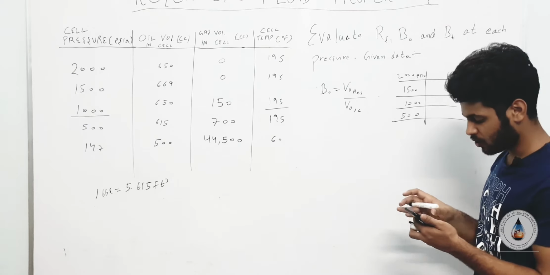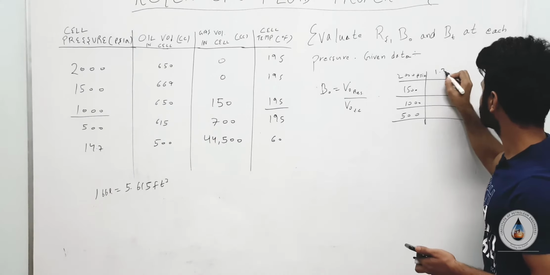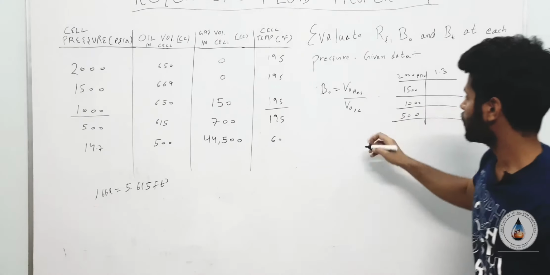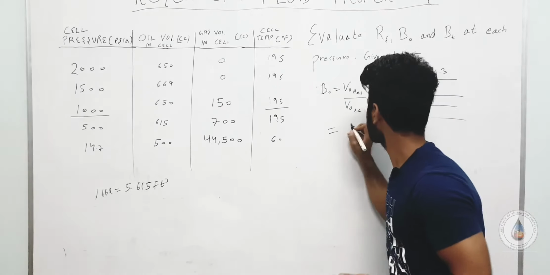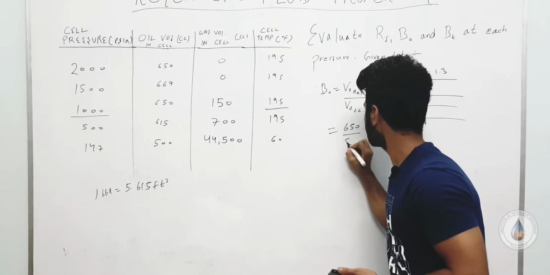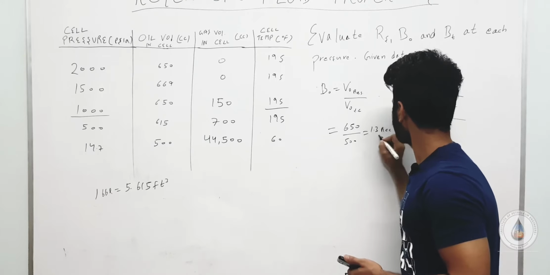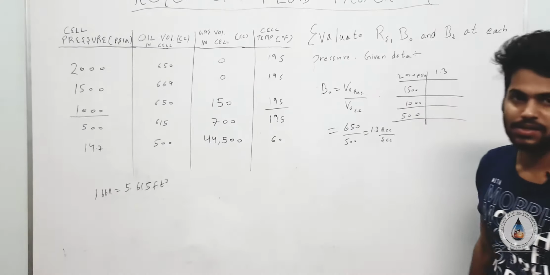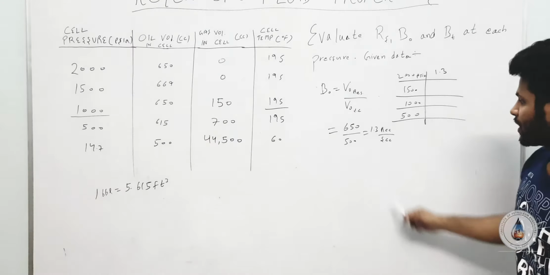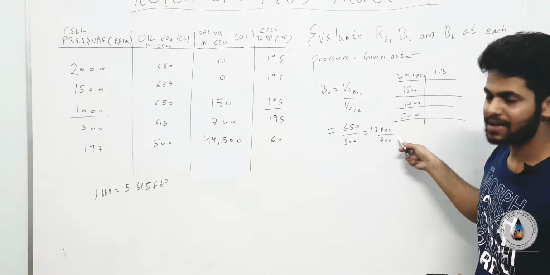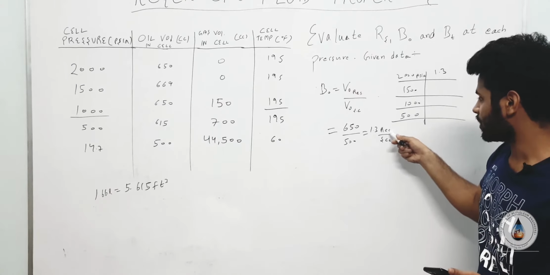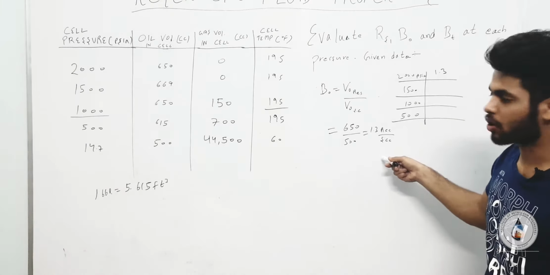So my B naught value is 1.3. Now here 650 upon 500 will come out to be 1.3 reservoir cc upon surface cc. Okay, but I want this value as barrel per stock tank barrel.